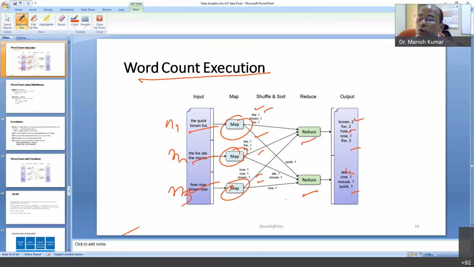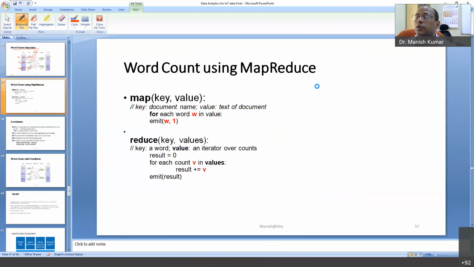If you observe minutely, you will find that "the" is appearing twice. So "the" is coming as 1, "the" is 1. We are not writing 2 here; rather we are writing 1, 1. So this is where the combiner comes in.